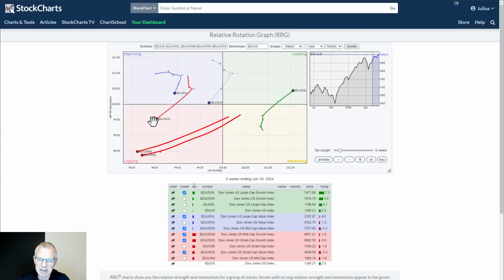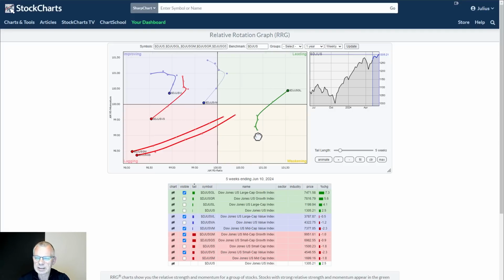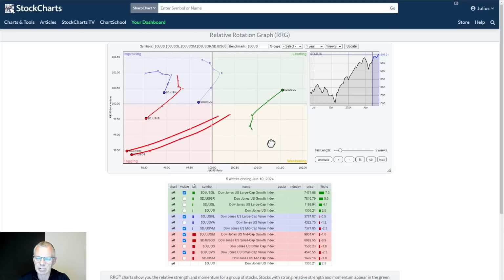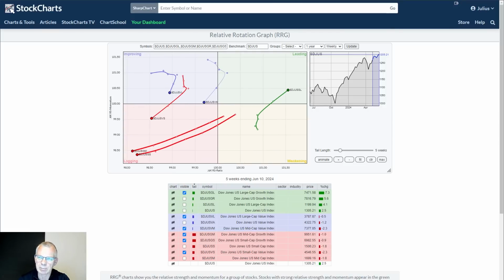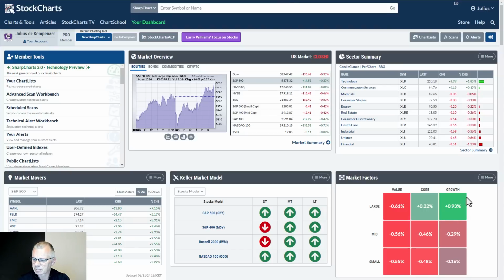One, two, three inside lagging, small cap value, mid cap value, rotating out, inside improving, moving towards lagging. And only one is moving into the top right corner, and that is large cap growth. And look at what happens today. Pretty much the only serious gain is in large cap growth. Yep, it pushes the market up.